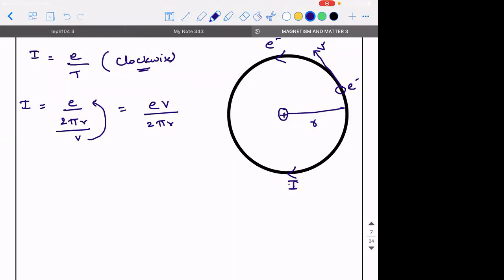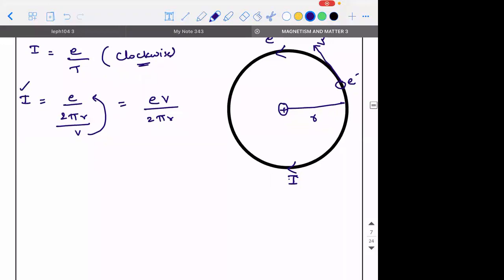Actually, I can stop the derivation with this. But I'm going to give you another logic. Listen to this carefully. The main objective of deriving a formula is not to solve problems. The main objective is to ensure that you're able to do those things, replicate them practically. If I want to calculate the current due to this electron, the most difficult thing I'll find is how to find the velocity of the electron.